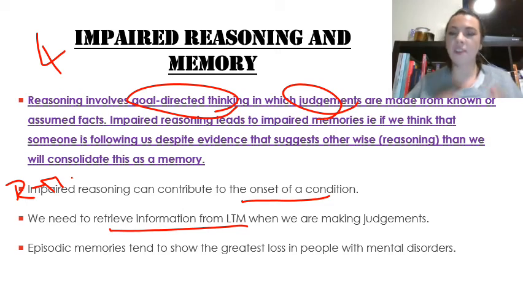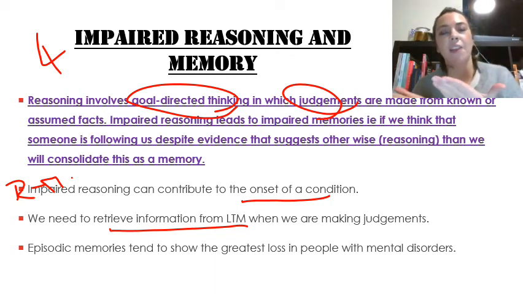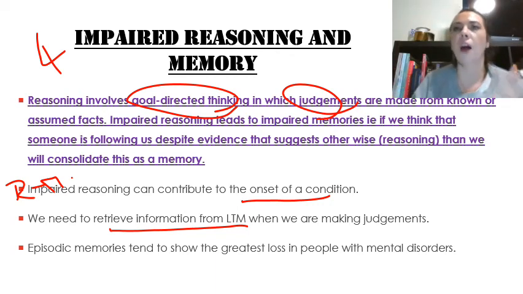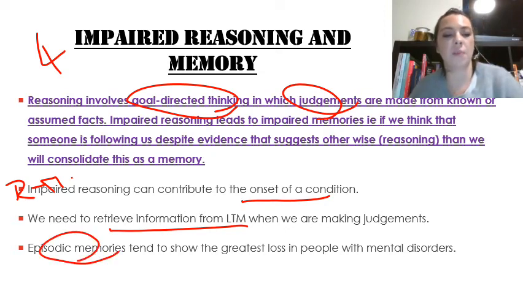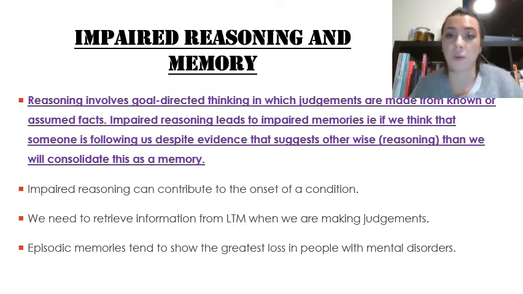So if you're consolidating memories that are based on faulty information or faulty reasoning, and then you're later retrieving them and relying on that information and assuming it's true, then what you're actually perceiving and judging might be completely false. This is very true when it comes to people with mental illnesses because studies have shown that episodic memories tend to show the greatest loss in people with mental disorders.